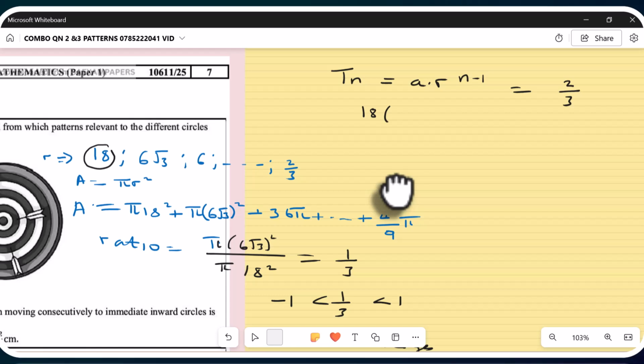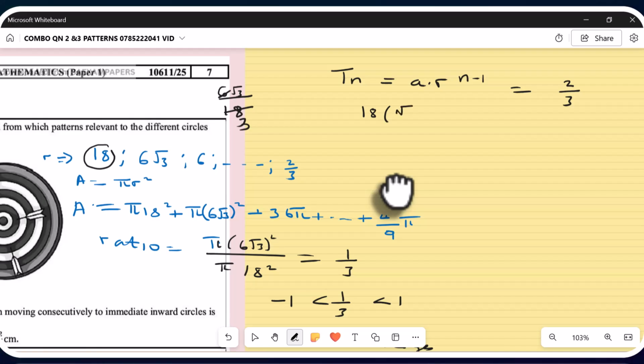Oh, the 27 is 3 cubed, and this is 3 power 1 here. So I can say this is 3, don't forget. This is power half, isn't it? Power half here. Then I can say minus 1, right? Because I'm dividing by 3 power 1, minus 1. Then power n minus 1, right?